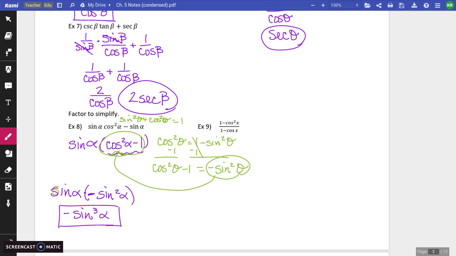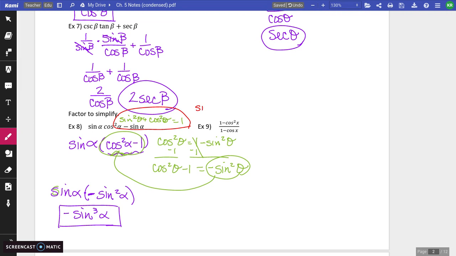Okay, so number 9. The directions say factor to simplify. So that's your hint on this one, that's the way you want to go. Now, at first, you might look at this one and say, oh, look, there's a 1 minus cosine squared. Well, I have this Pythagorean identity, and if I move the cosine over to the right side, I'd be subtracting that cosine squared from both sides.